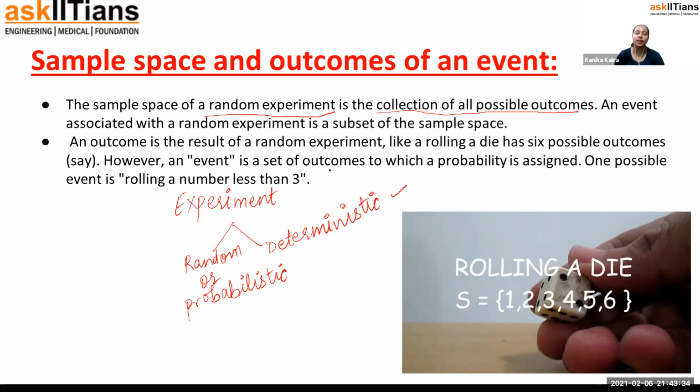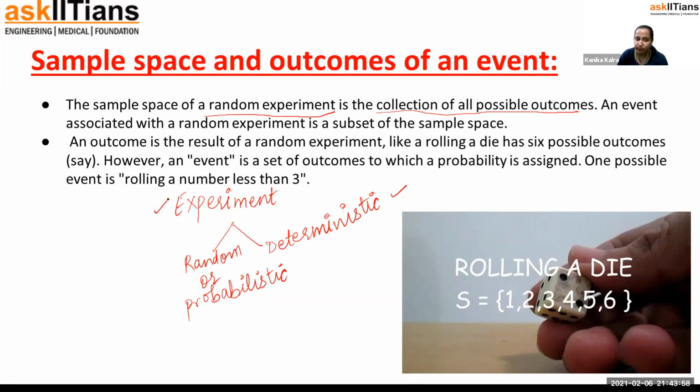Before starting probabilistic and deterministic experiments, an experiment is a series of steps to get a result. This is what you do in science as well. Suppose I want to get some result out of an experiment, I have to follow some steps. You must have done this in science also.